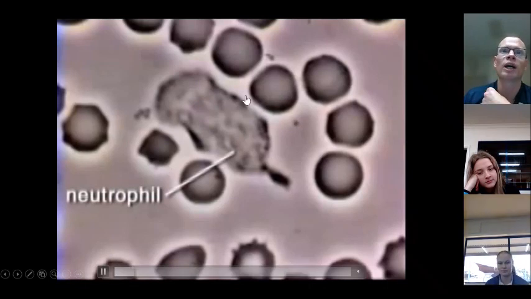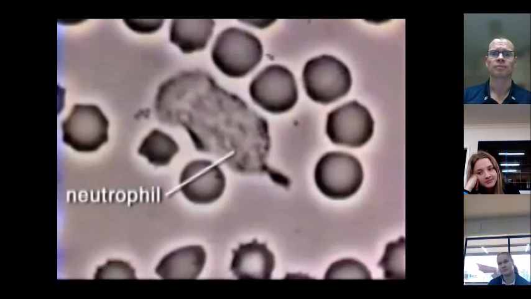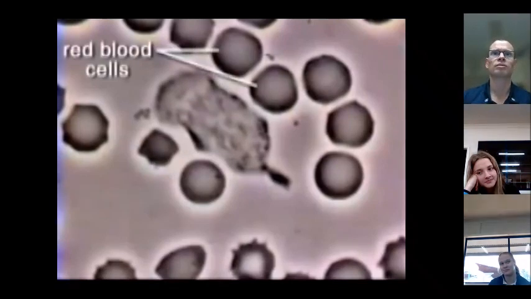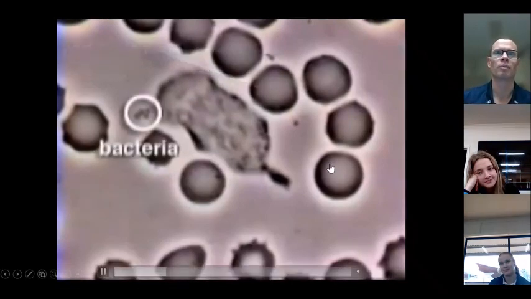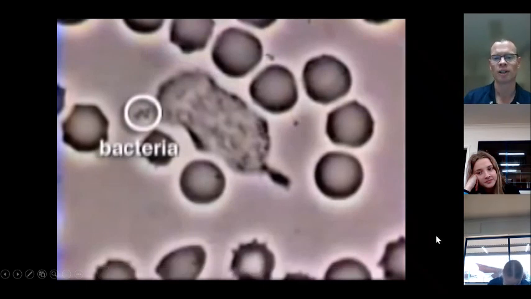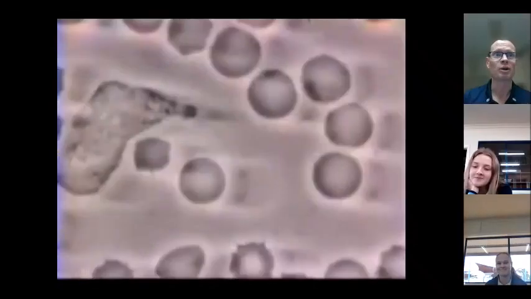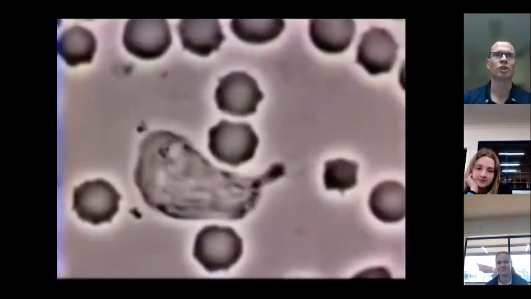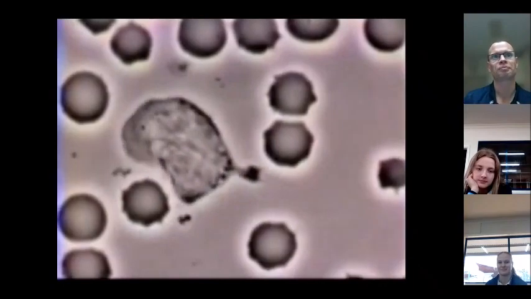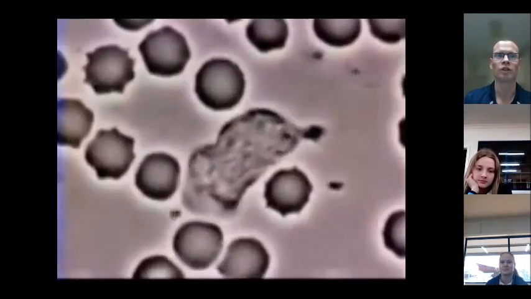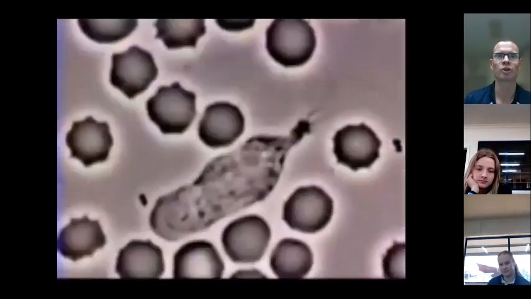So what it's pointing out there is a neutrophil. It's a white blood cell, so it's one of the phagocytes, okay? Red blood cells there, just for comparison. There's some bacteria there. What you'll see is the bacteria will start moving. It looks like it's pursuing the bacteria, which it's doing using cytokines to be attracted towards it.